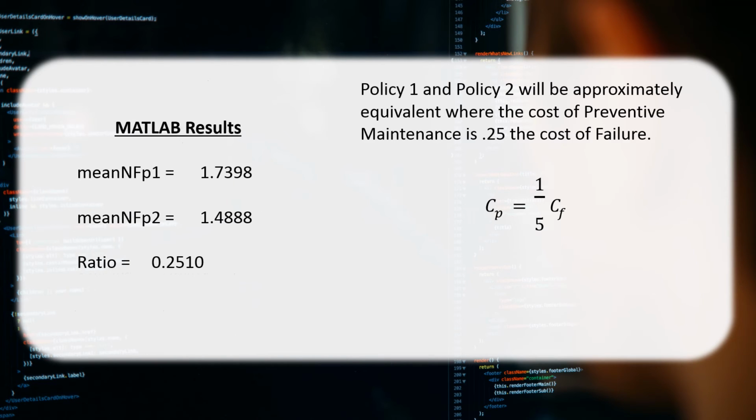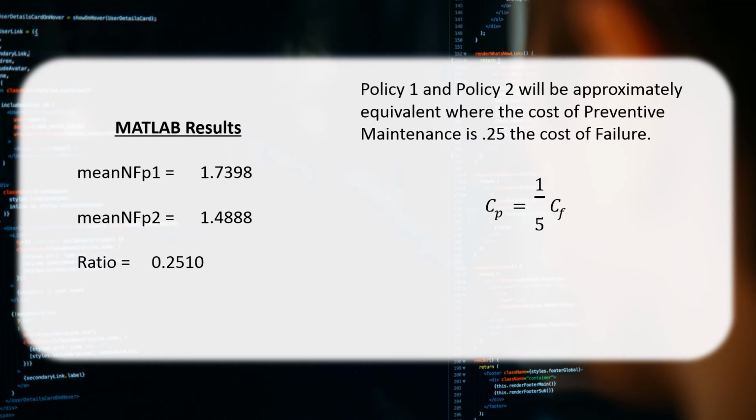Ultimately, at the end, we're going to get a ratio of the mean number of failures to the iterations that we ran. And after rearranging the problem that you see up top with preventative cost along with the failure cost, we can solve for the break-even point, which we come to find out is about 25% of the failing cost is the preventative cost.